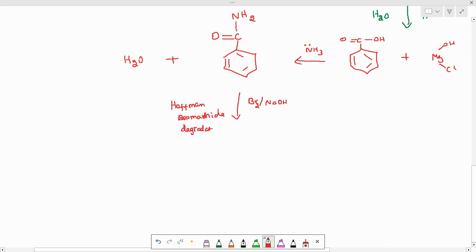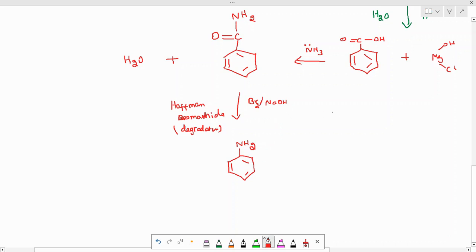When you are having degradation, it means just remove that carbon dioxide. So after removing that carbon dioxide, automatically NH2 will come there. There is a rearrangement reaction. Hofmann bromamide is a Hofmann rearrangement reaction. A huge mechanism will be there.